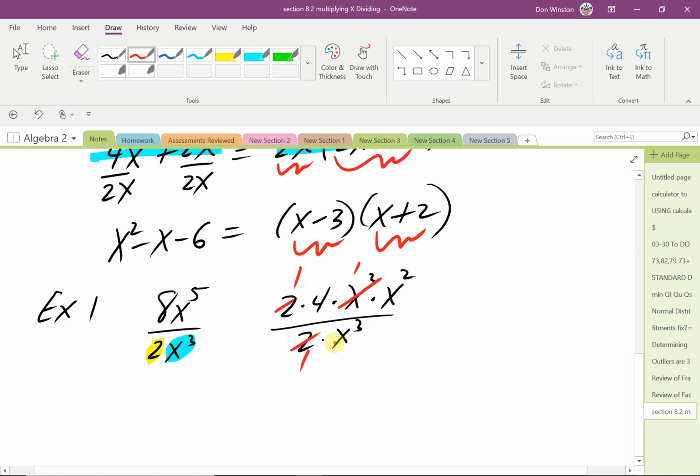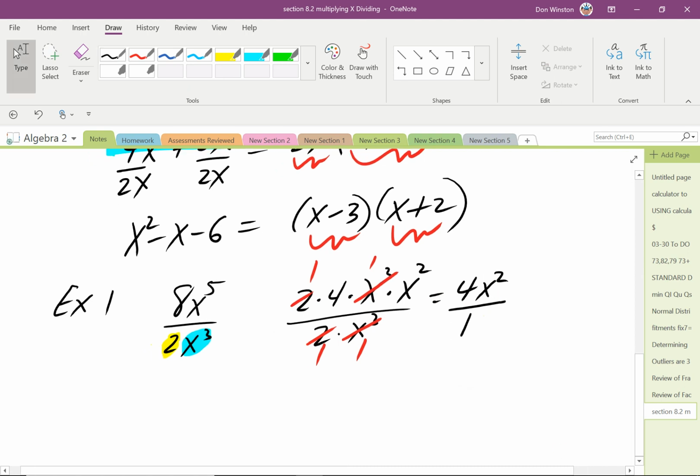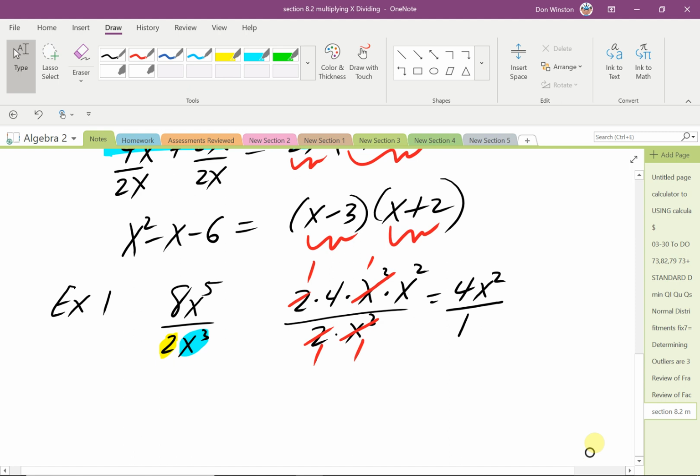And then x to the 3rd goes into x to the 3rd once, and x to the 3rd goes into x to the 3rd once. So when I'm done canceling out my common prime factors, I have 1 times 4 times 1 times x squared, which is just 4x squared over 1. Or it's just equal to 4x squared.